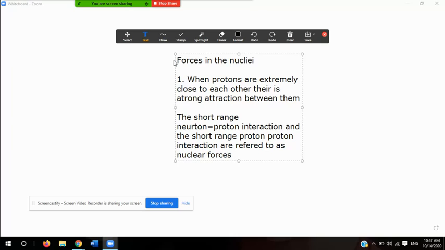So basically, one of the things that we don't really take into account is that we assume that protons are not closely bound together, but they are. They are, and that's actually what gives them the stability.